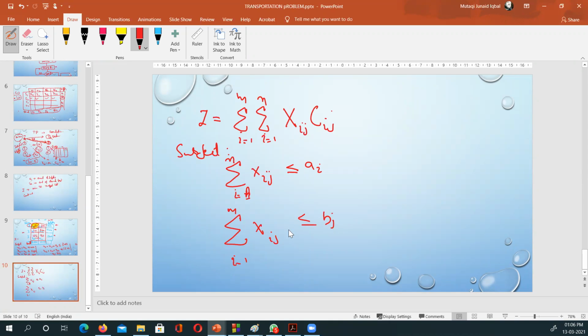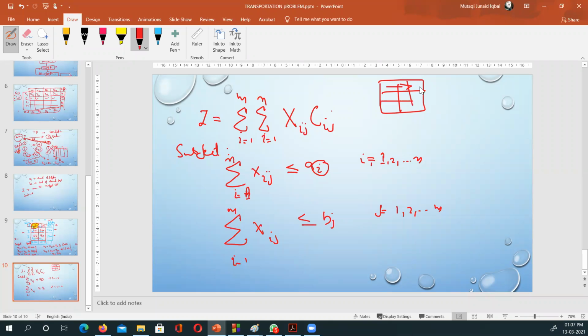B of j, yes. I say x of ij, b of j. Now, j is equal to 1, 2, up to n, and here i will be equal to 1, 2, up to m. Now, i refers to the rows and j refers to the columns, because it will be like this.